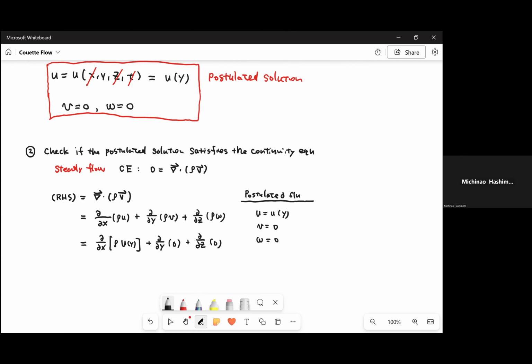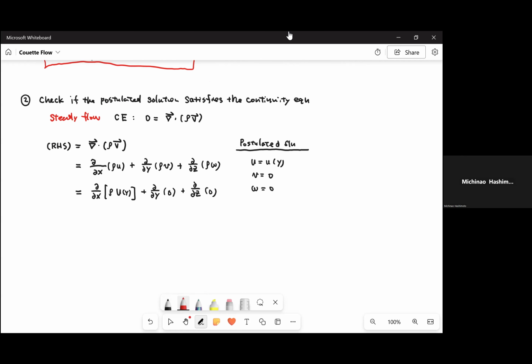Without any ambiguity, the second and third terms equal 0. The first term also, as you can see, u is a function that only depends on y, so if you take a partial derivative with respect to x, it also disappears. This is really nice. In fact, this equals 0, which is the left-hand side.